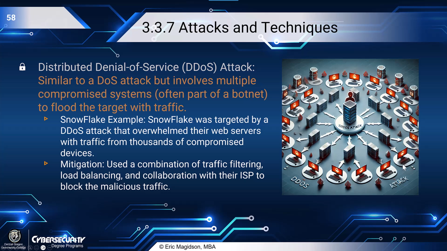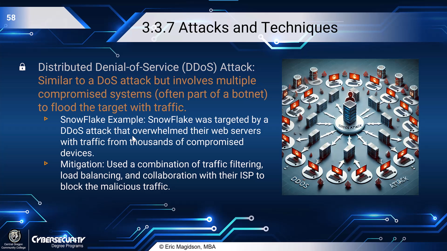So here's all the compromised devices. They become the bots of the botnet that the hacker is controlling, command and control, to go after a target. And in the case of Snowflake, they were targeted by a DDoS attack that overwhelmed their web servers with traffic from thousands of compromised devices.